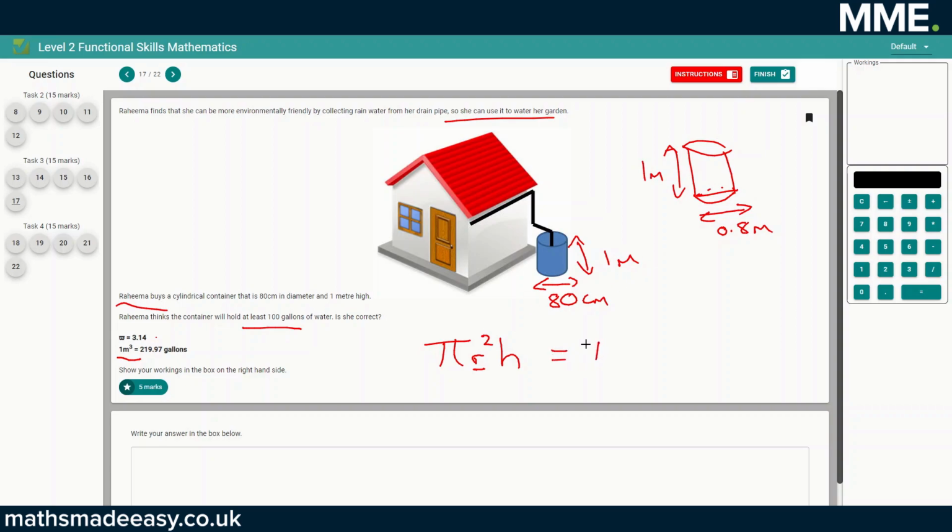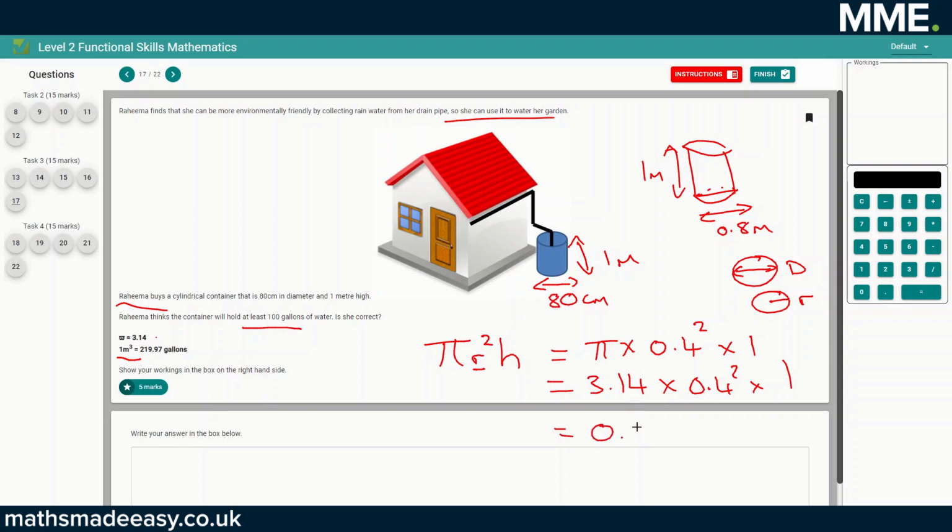So this calculation becomes pi times half of this value, which is 0.4, as diameter is directly across, and radius is the centre to the edge, so it's just half of this value. So 3.14 times 0.4 squared times the height, which is just 1.